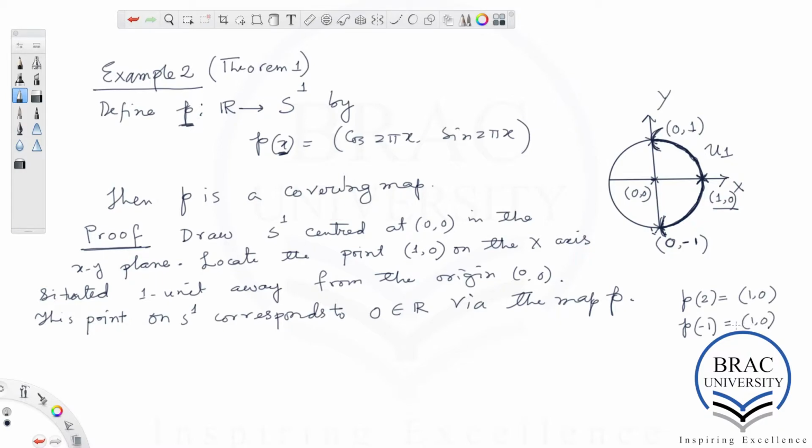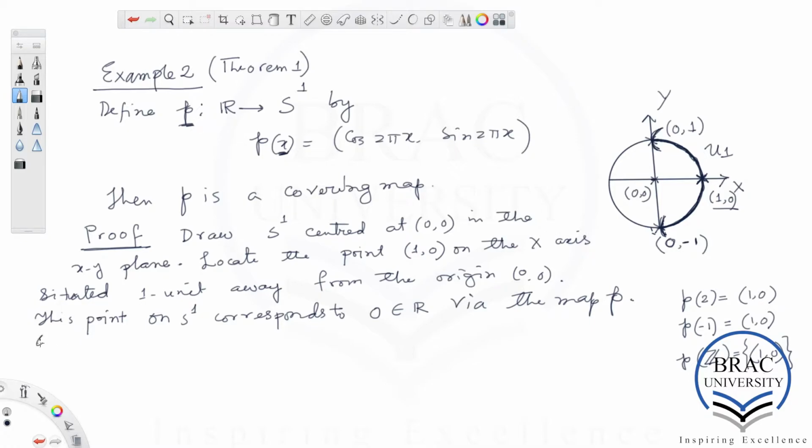In fact, P of Z is this singleton containing only the point (1, 0).